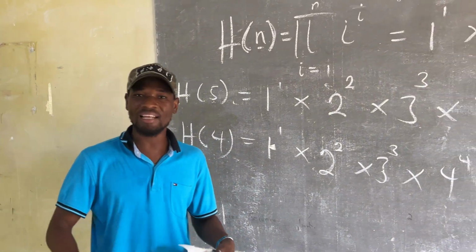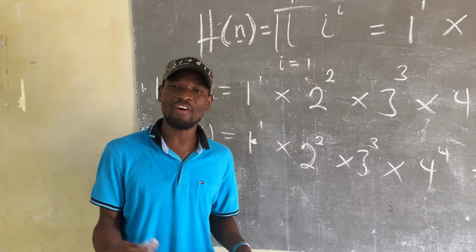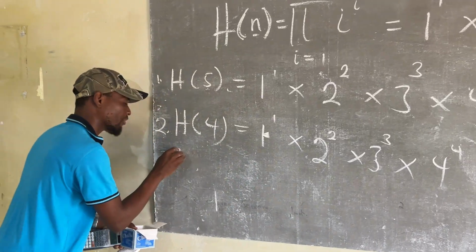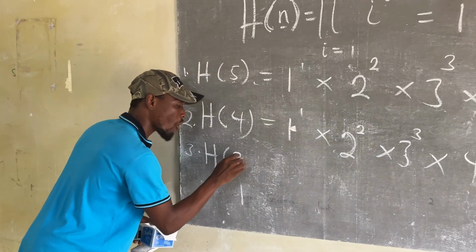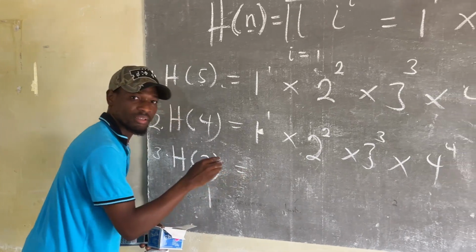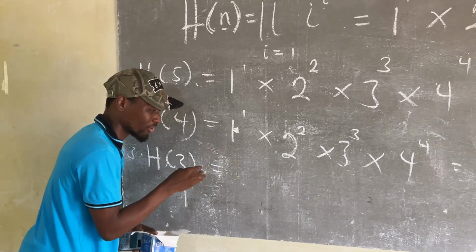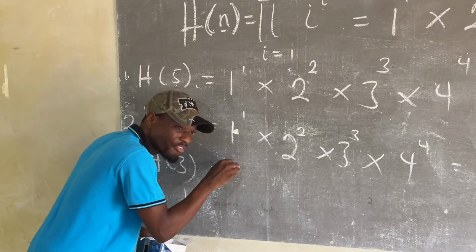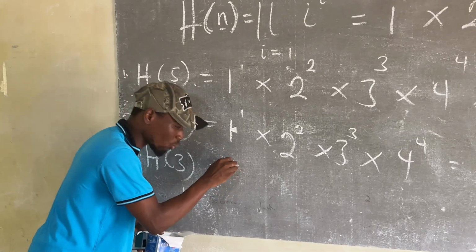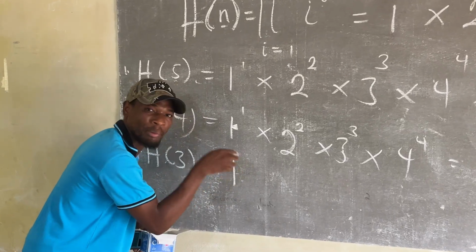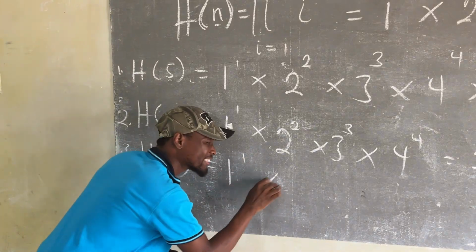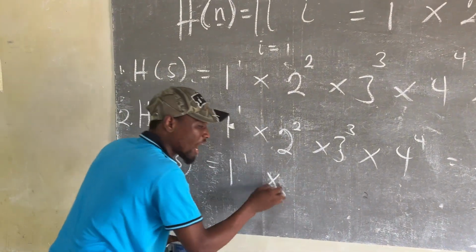Now let us consider our last example, which is the hyperfactorial of 3. So I'll be having it this way: the hyperfactorial of 3 is equal to, start from the very first number, which is my integer 1 raised to its own power, which is 1. Then times the next integer after 1, which is 2.